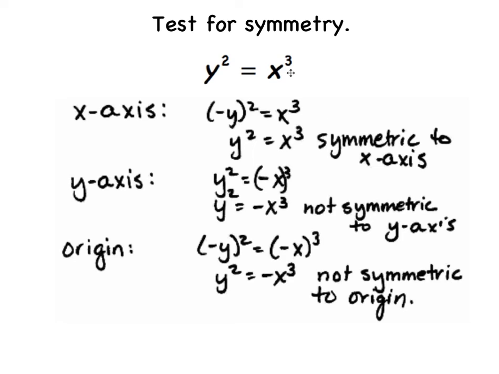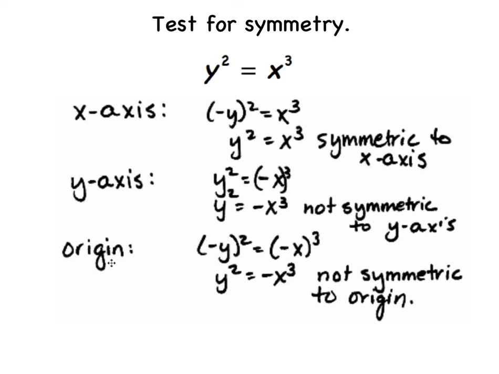It looks the exact same as my equation, and therefore it's symmetric to the x-axis. To check to see if something is symmetric over the y-axis, I put negative x in for x, and then I simplify. Negative to the 3rd power is still negative, and this equation does not look like my initial equation. Therefore, it's not symmetric to the y-axis.